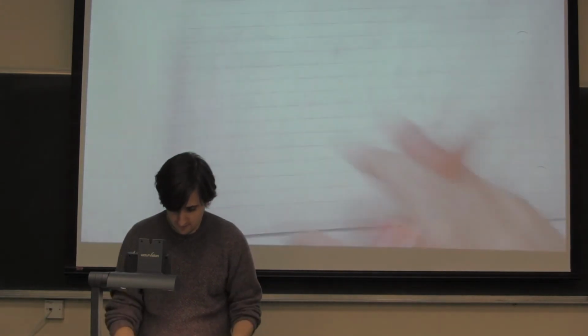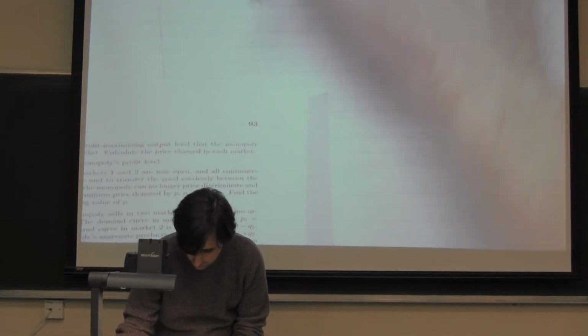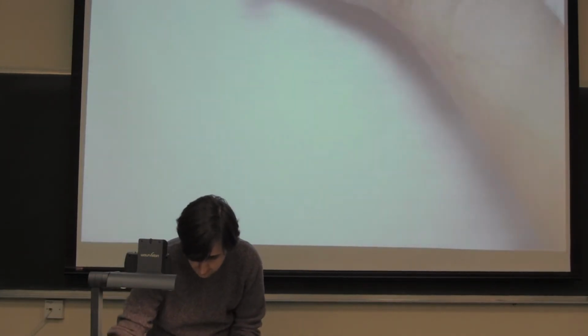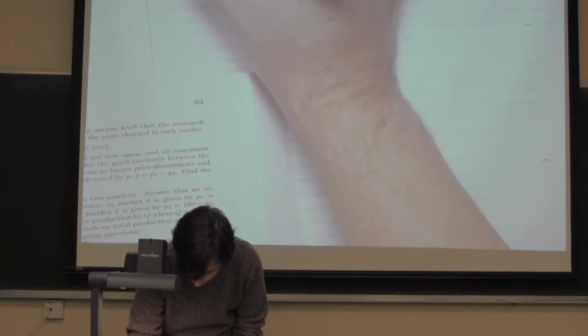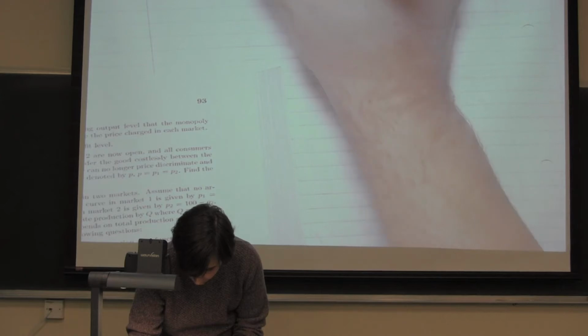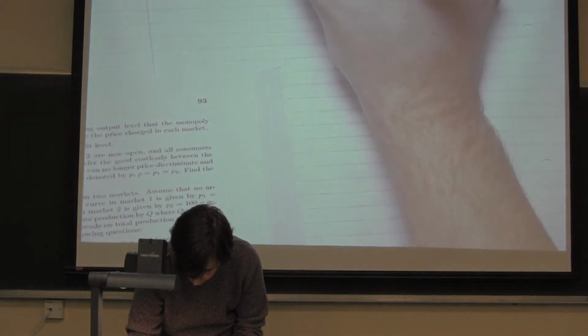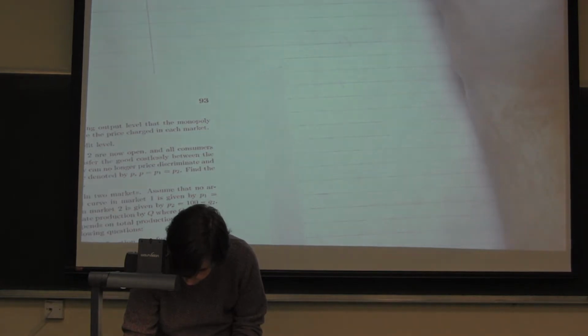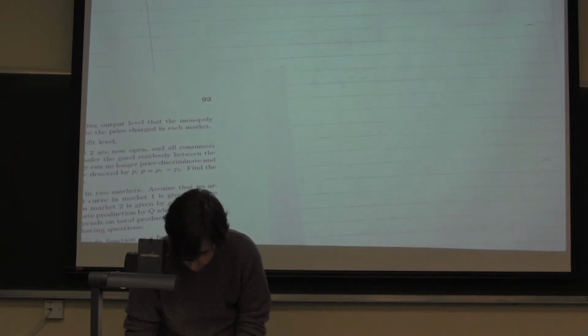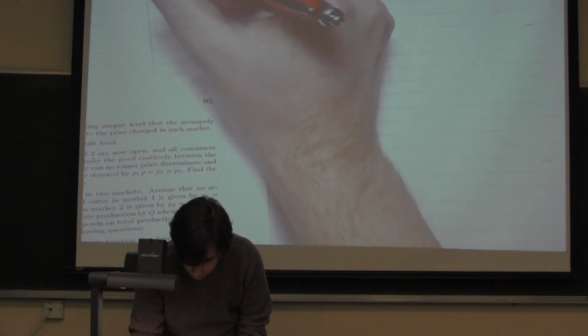So without price discrimination, what's the monopolist problem? Well, profit from selling in the first market, let's just write this down. P1 was equal to 100 minus Q1 over 2. P2 was equal to 100 minus Q2.